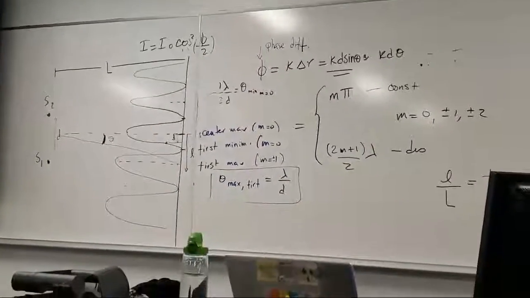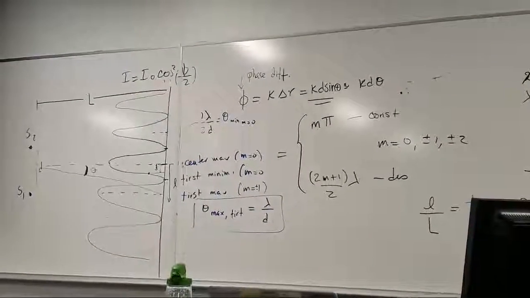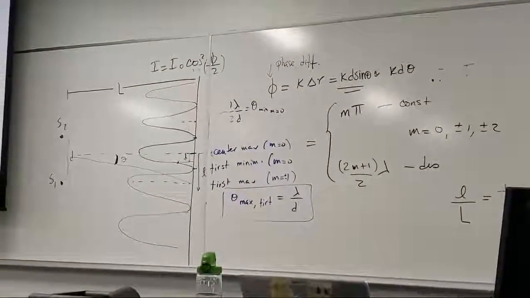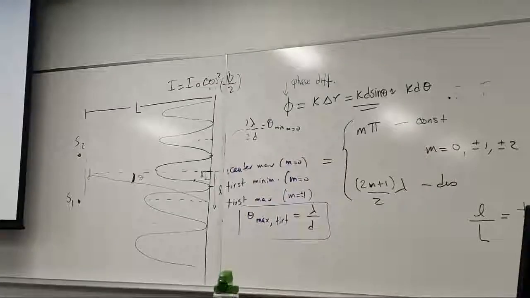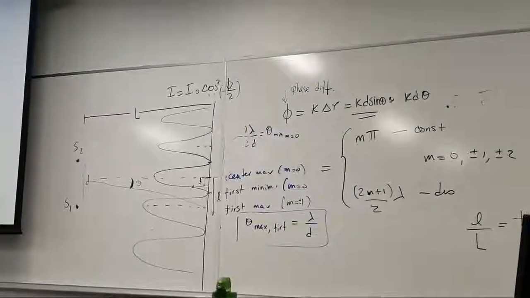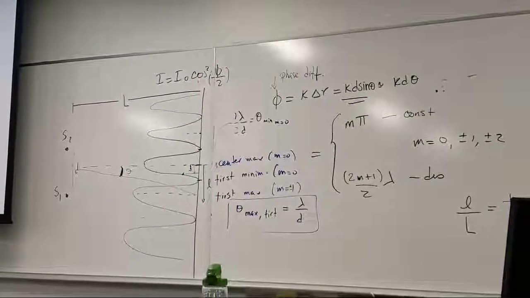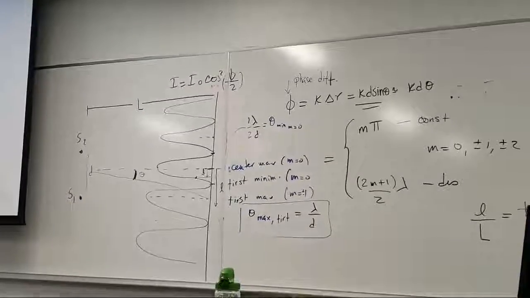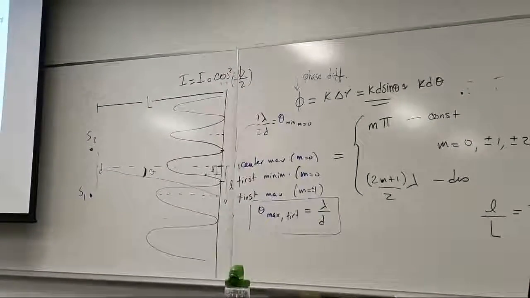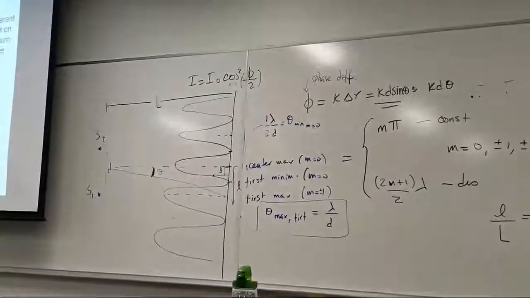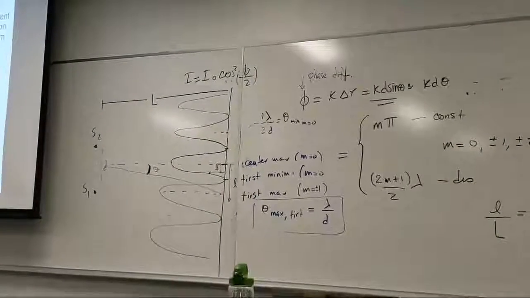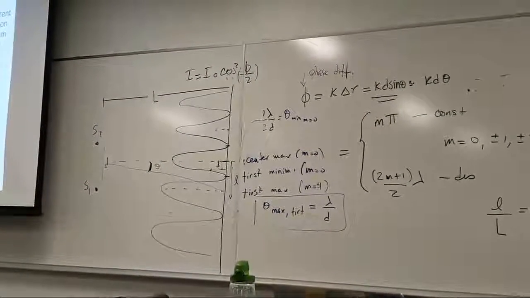What is k? K is 2 pi over lambda. And you get lambda from the first minimum, right, exactly.